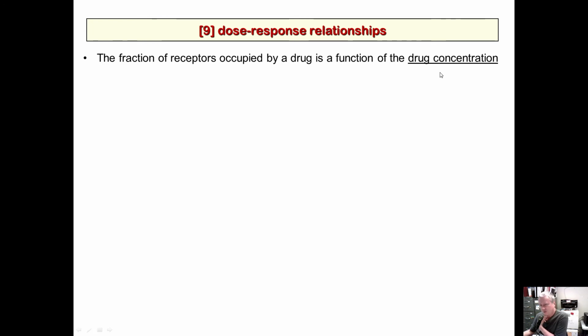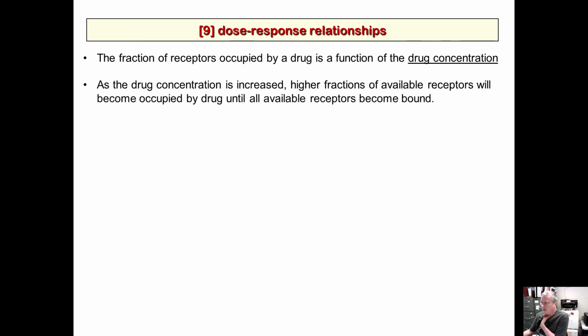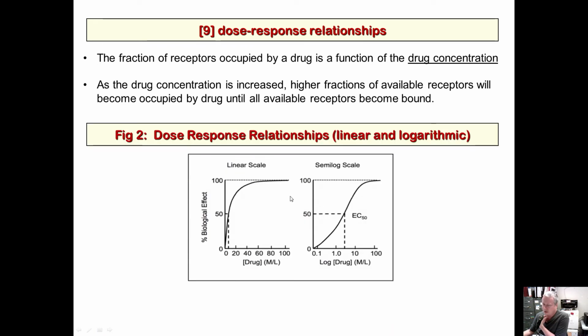So if you have a lot of drug, more of the receptors are occupied, right? As the drug concentration is increased, more of the receptors will become occupied until the drug basically occupies all of them, right? So this shows the two types of curves that you might use for this.